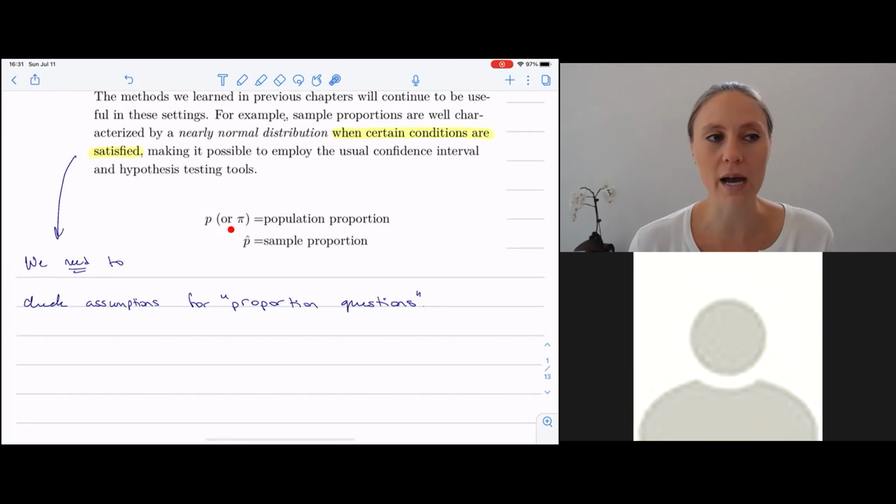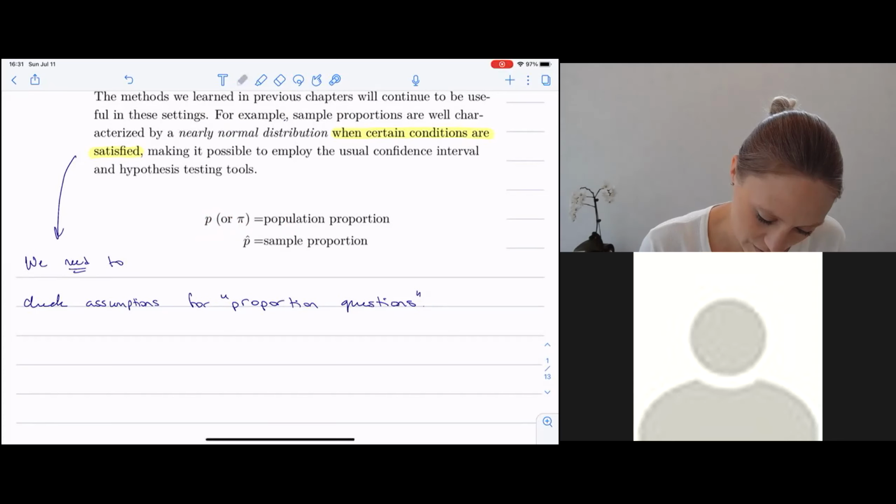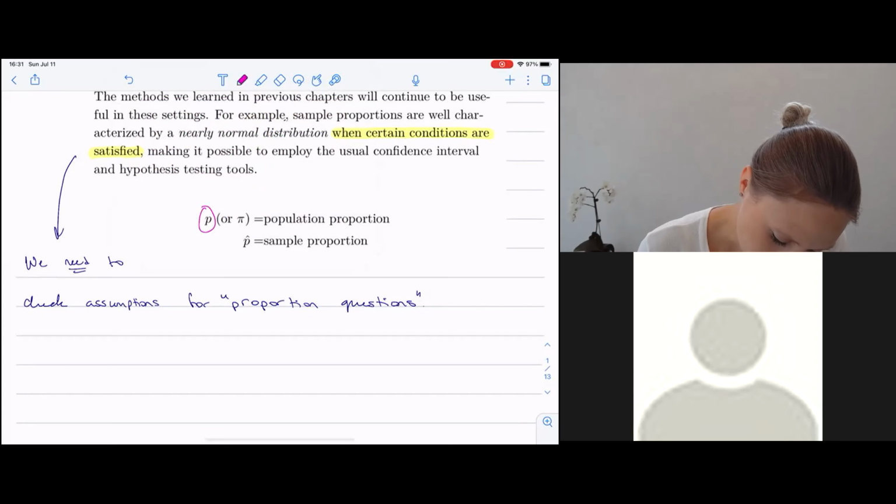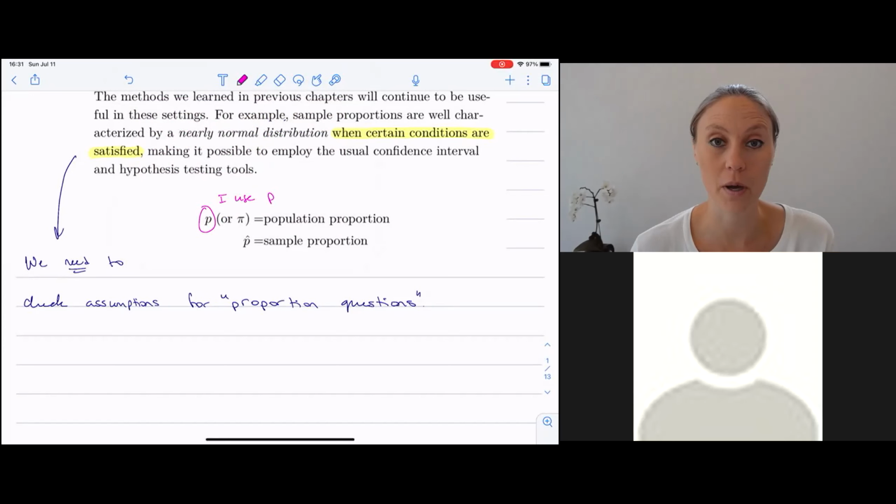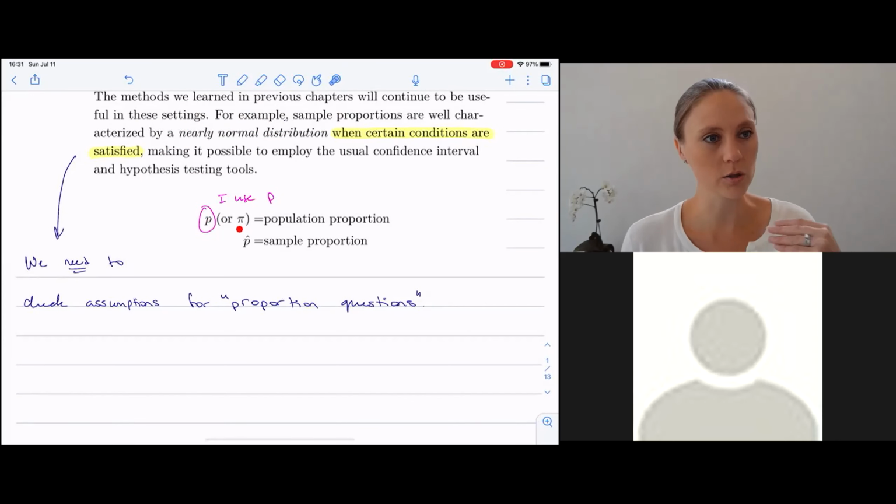You can use pi, it's just that we use pi as a numerical constant, and so then it gets a little bit weird. If you want to stick to having all Greek letters for anything that has to do with the population, then you can use pi, but I'm going to use just a lowercase p.